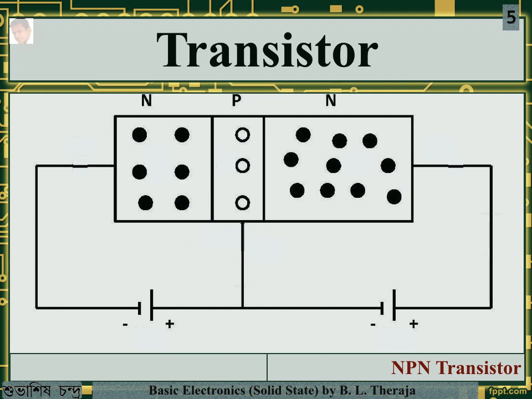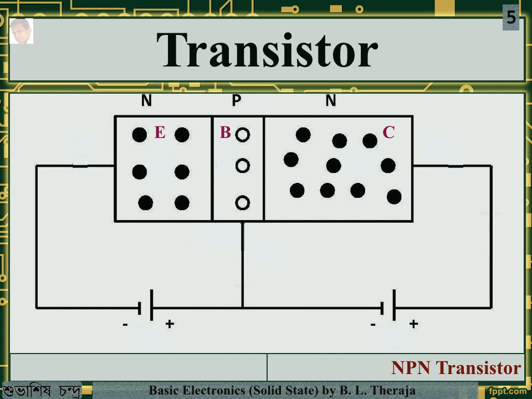First we will look into the NPN transistor. From left to right, the first N is the emitter, the second P is the base, and the third N is the collector. They are denoted by the letters E, B and C respectively. The emitter is heavily doped, the P base is lightly doped, and the N collector is moderately doped.